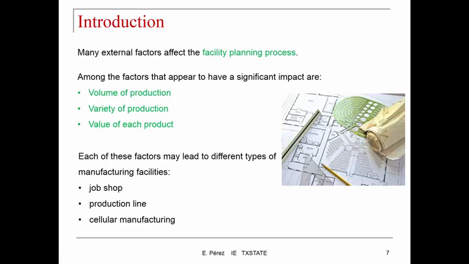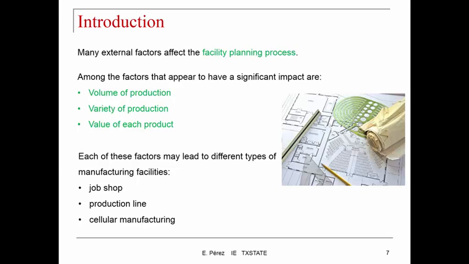Many external factors affect the facility planning process. Among these factors are the volume of production and the variety of production. Think of the difference between having only one product and 100 different products: you will have to find a different way of producing those items.